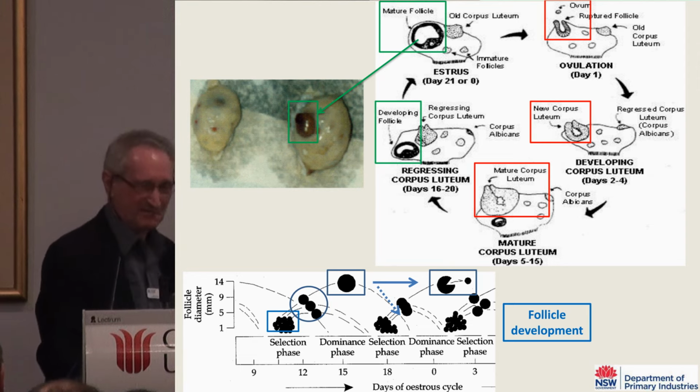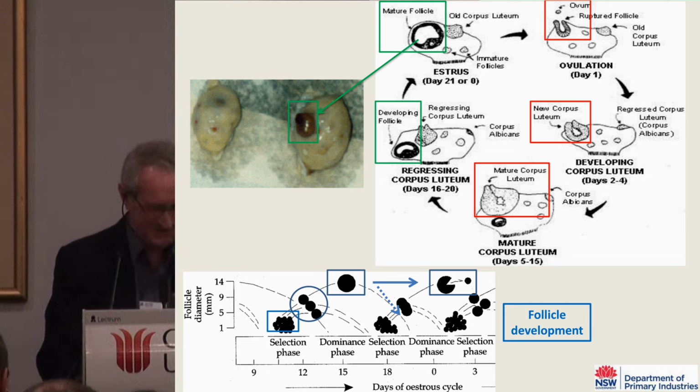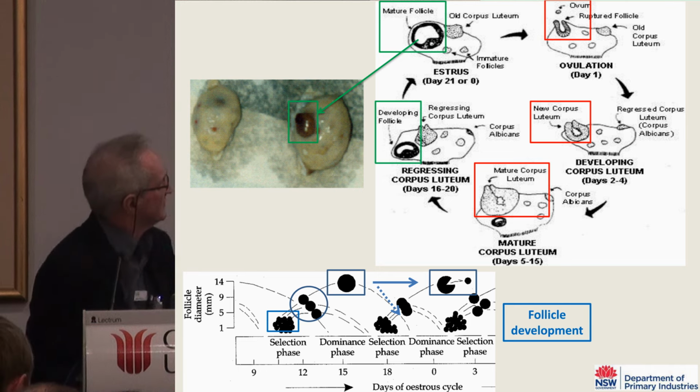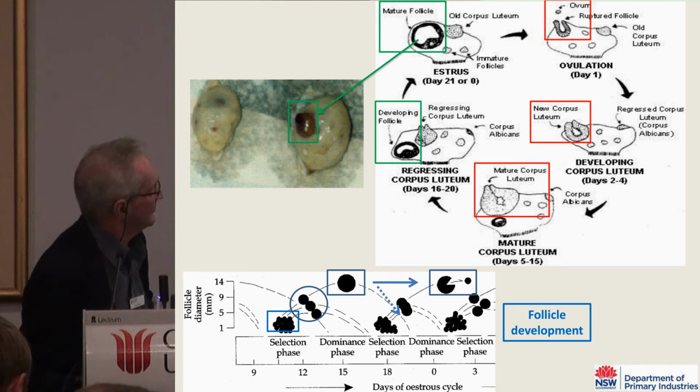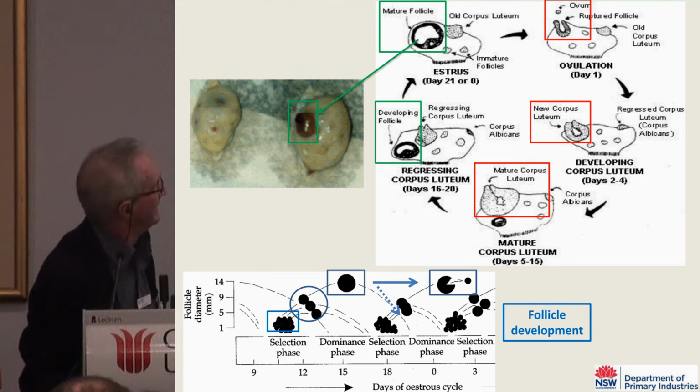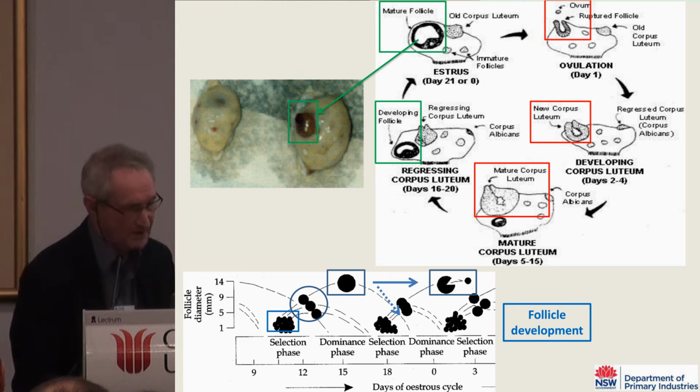Now, just a little bit of a physiology lesson. I'll show you what's going on inside these girls that we want to have a look at. Throughout the oestrus cycle, we've got a constant recruitment and growth of follicles that eventually end up either ovulating or regressing.